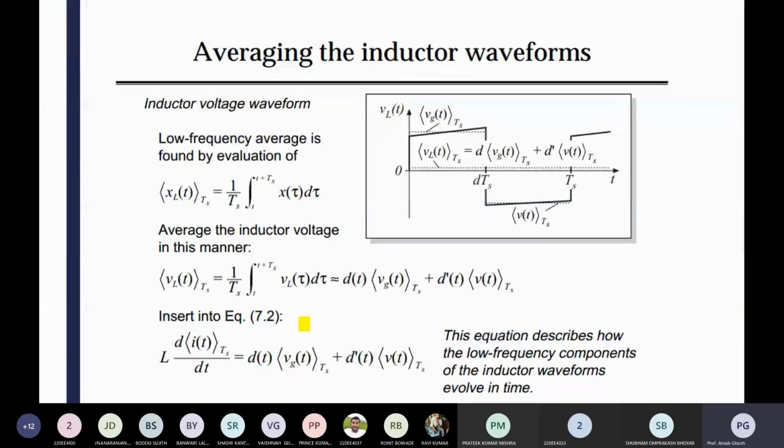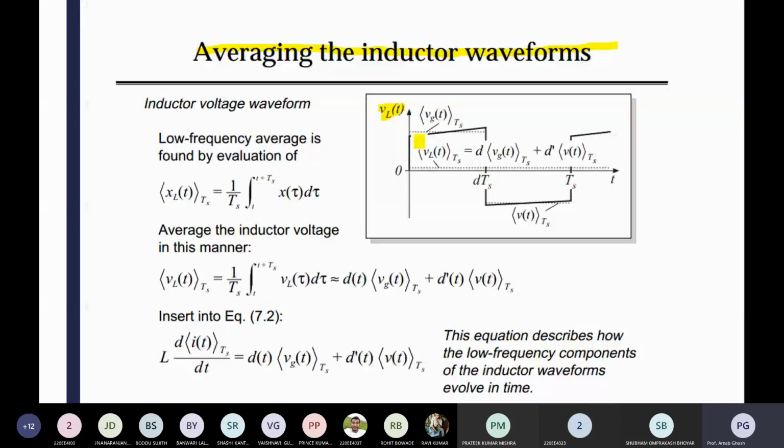So after getting all those equations, now we can go for the average inductor waveform, meaning the VL waveform. You know that in the first condition energy is stored and in the second condition energy is discharged. That's why in condition one you get the positive half, and in the second case the negative half.